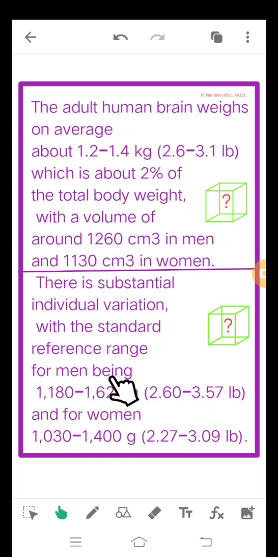The standard reference range for men is 1180 to 1620 grams, that is 2.60 to 3.57 lb. And for women 1030 to 1400 grams, that is 2.27 to 3.09 lb.